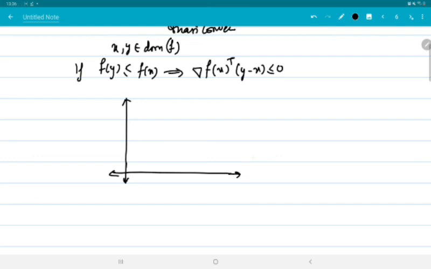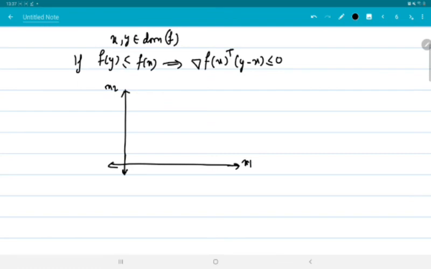So if I have x1 and x2, two variables, and I have a function z equal to f of x1, x2, it's a function from R2 to R. Since it is quasi-convex, the level sets of this function will look like this.